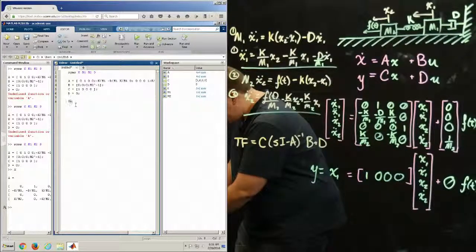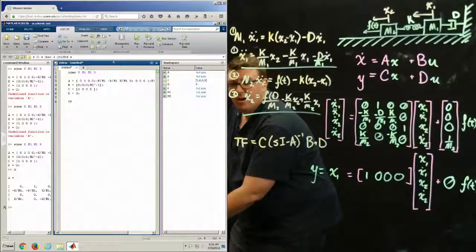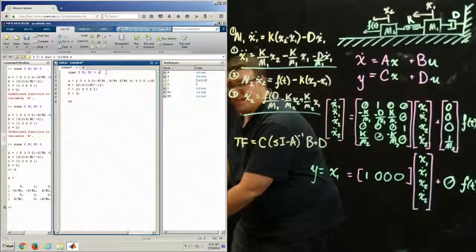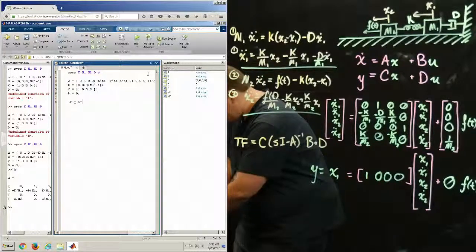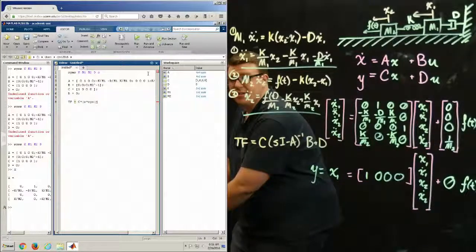Let's say TF equals, and this can very easily be done in Matlab. We just need to declare one more symbolic variable, s. Then TF is equal to C times parentheses s times I4, so we want a 4 by 4 identity matrix, which you can get using eye(4). And then we want to subtract off A.